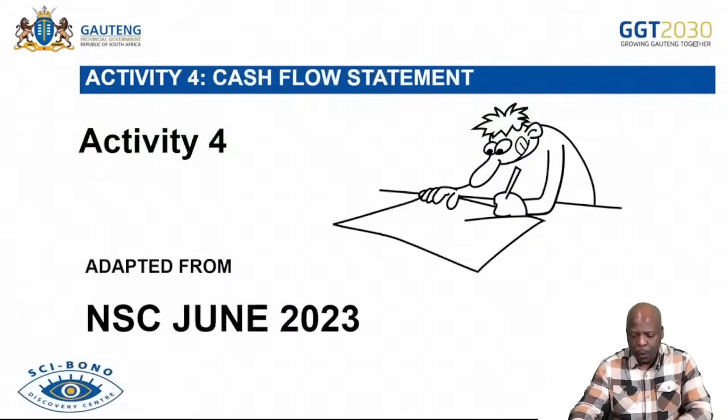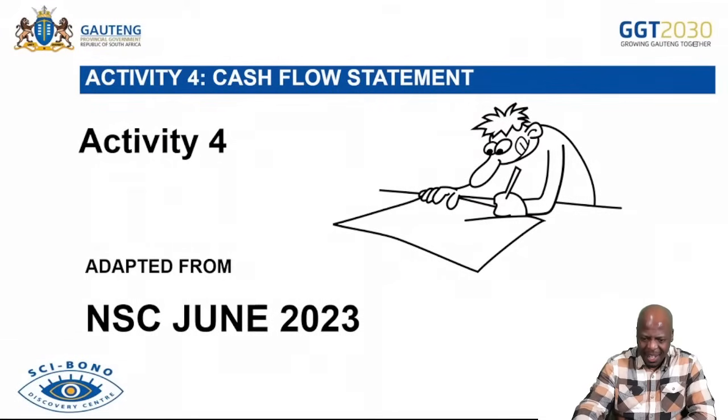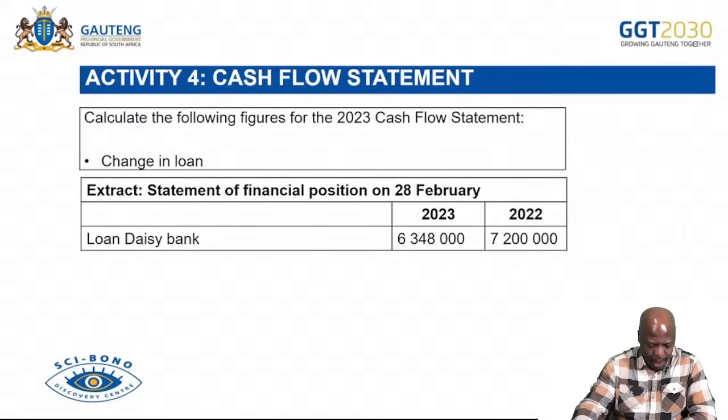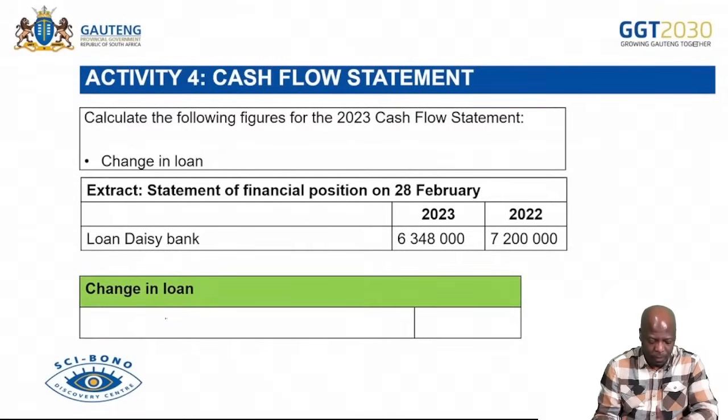Okay, just for 1 minute before I say goodbye, let's quickly look at this loan. If we're preparing the cash flow statement, then we'd say the change in loan. From 2022 to 2023, you can see here that's a decrease in loan, so that is probably a repayment of the loan.